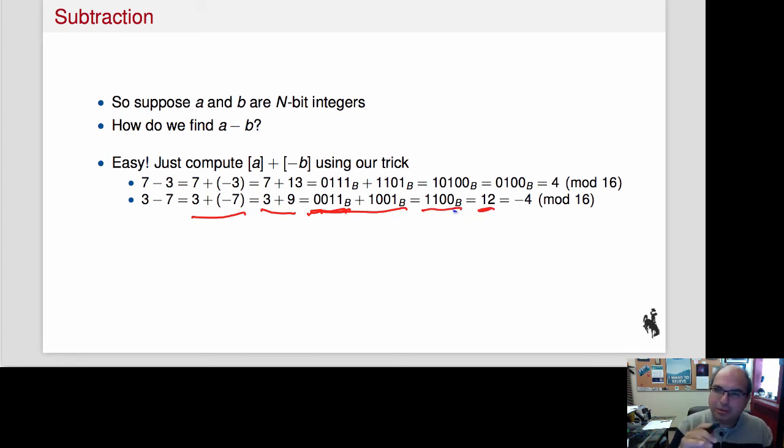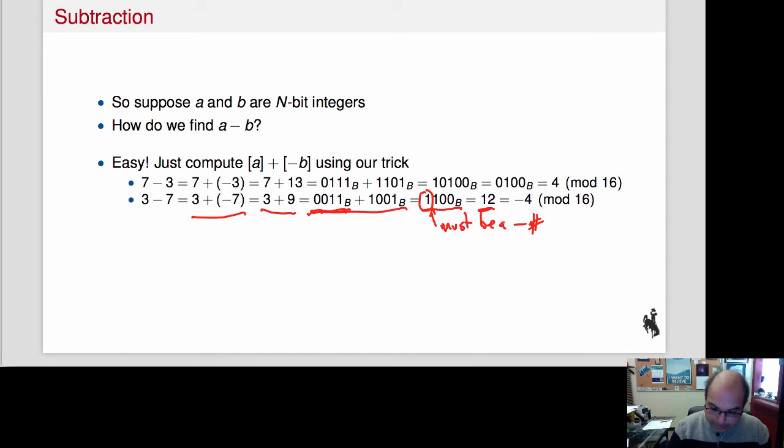But now there's a problem, because remember our convention? Our convention is that since this is a leading 1, it must be a negative number, and that's why it's so natural to call it a sign bit. So I will interpret that as -4. And now I'm saying 3 minus 7 is -4. So that worked perfectly nicely.